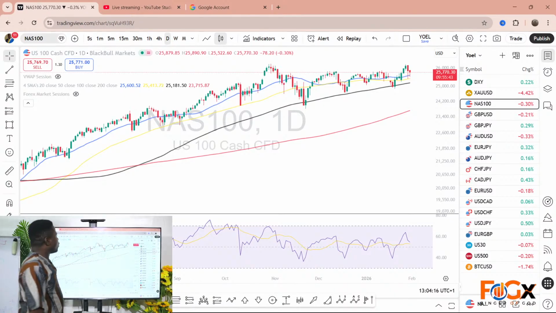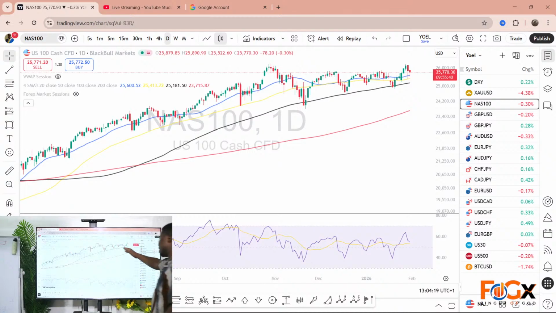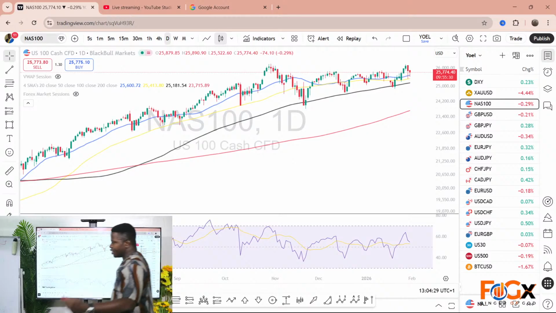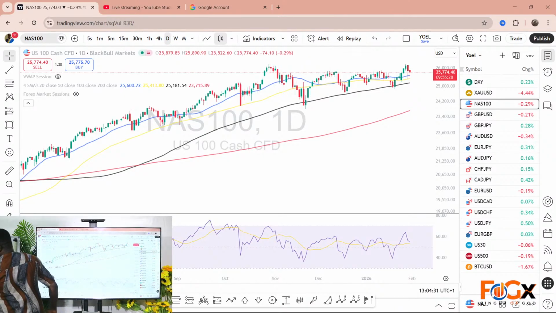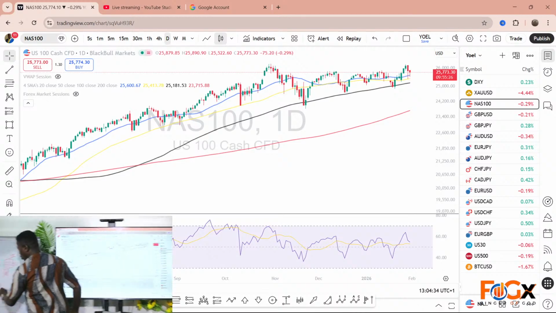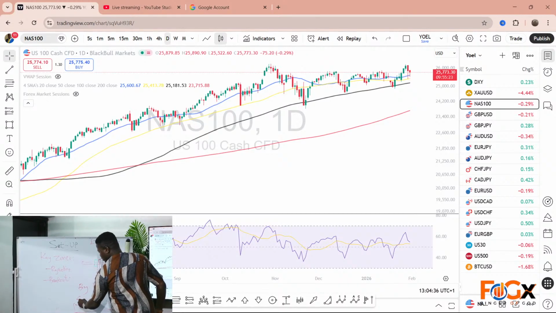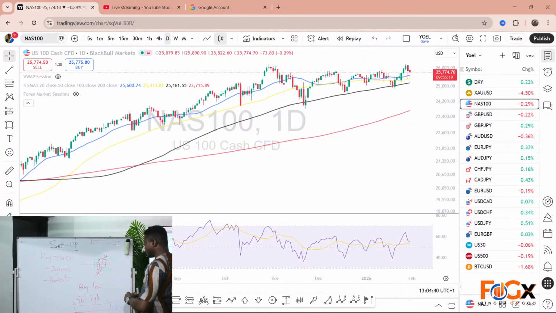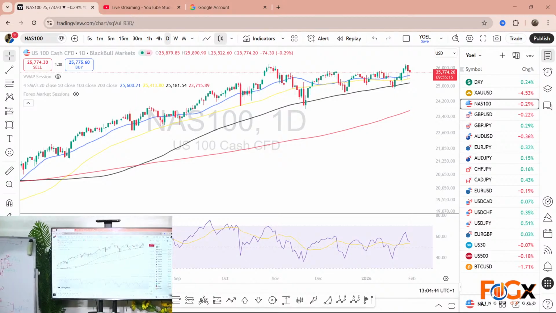So now we are looking at the market, and you have to be very careful in this situation. Okay, this is bullish, so I should be looking for a buy. And don't forget our rule. The rule is still buy low, sell high. That is still the rule of the game.